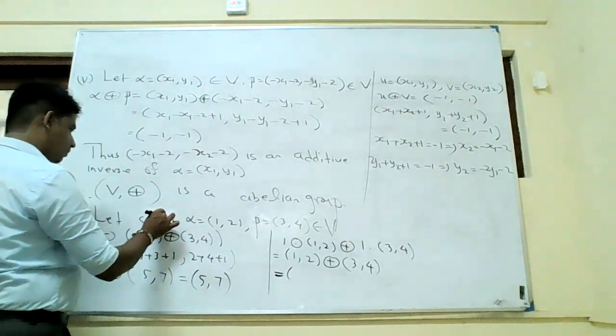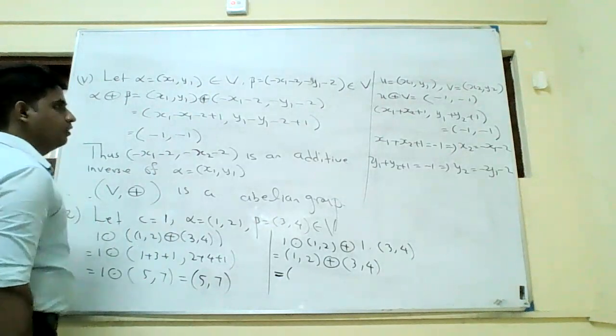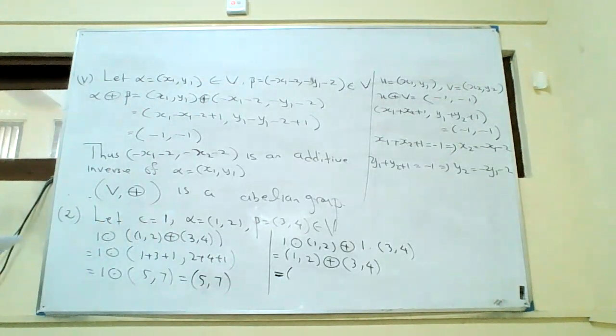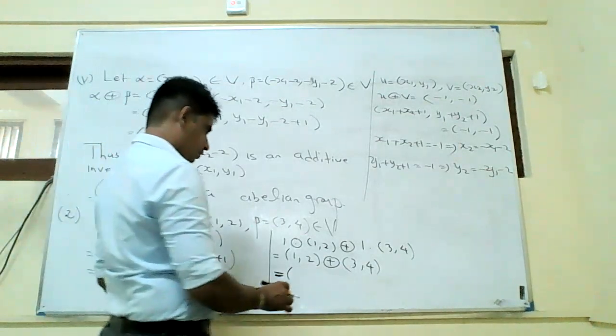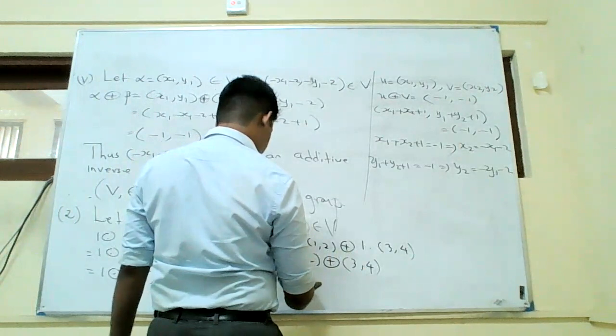You can take any values, but I think it is correct, because 1 plus 3 is 4, plus 1 is 5.